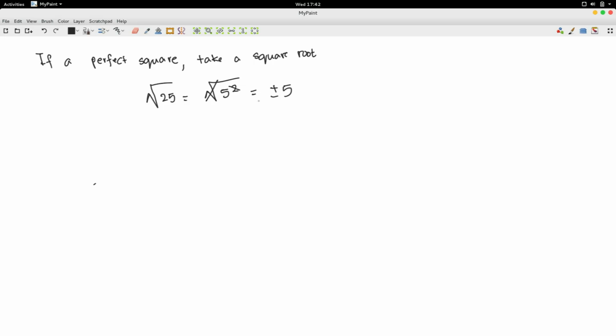What if you want to take the square root of a number that is not a perfect square?